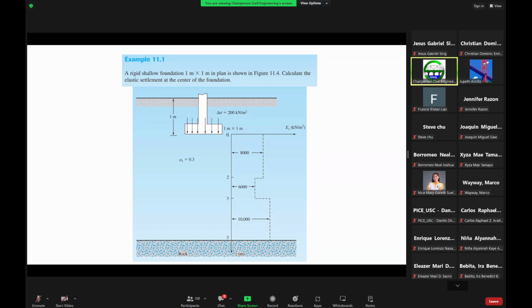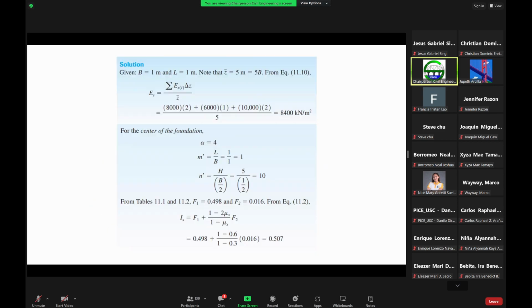So n prime is equal to 10. From tables 11.1 and 11.2, we can determine the values of f sub 1 and f sub 2, as I have shown earlier.